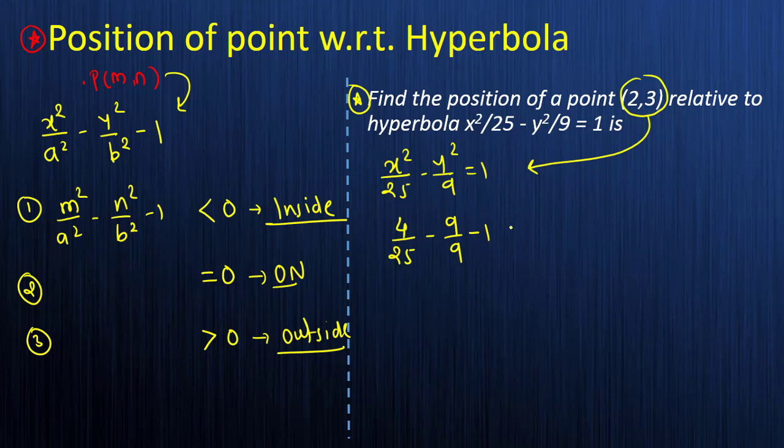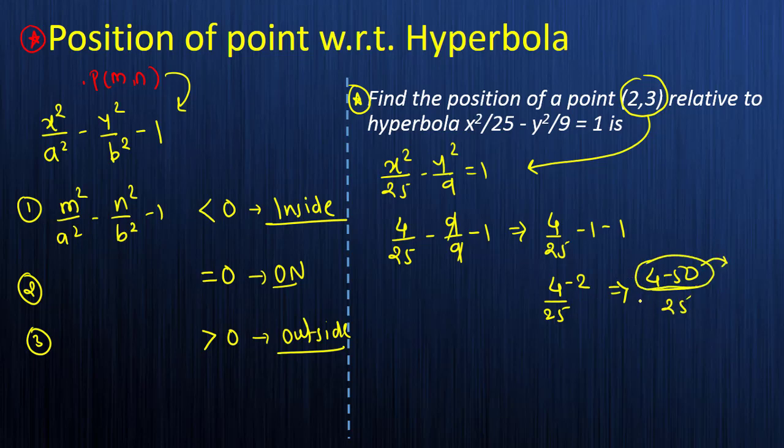It is 4 by 25, the 9 cancels, so it is 1, so minus 1 minus 1. So we have minus 2, so 4 minus 50 divided by 25. In the numerator you have a negative value, which is minus 46 by 25, definitely negative, meaning less than 0. This means the point is lying inside the hyperbola.